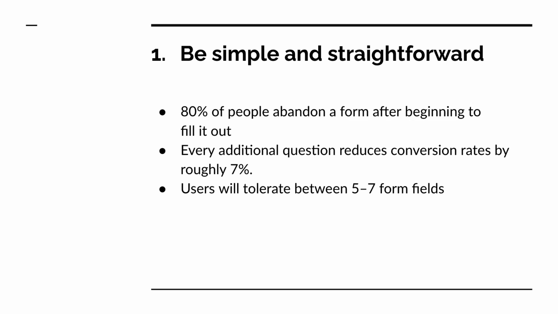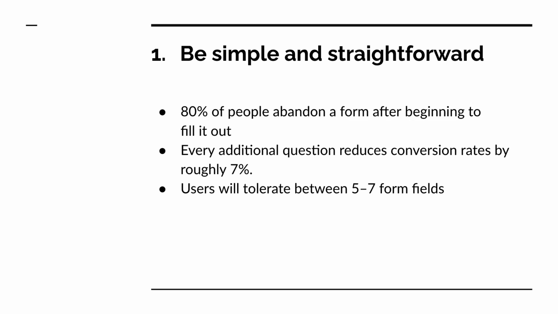Users will tolerate between 5 to 7 form fields. It's critical here. You really have to sit down and think, is every field necessary? Is it absolutely necessary? And this is really hard when dealing with clients because they always want lots of data about their users.